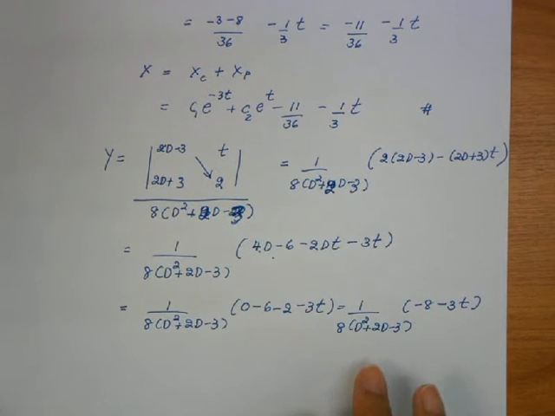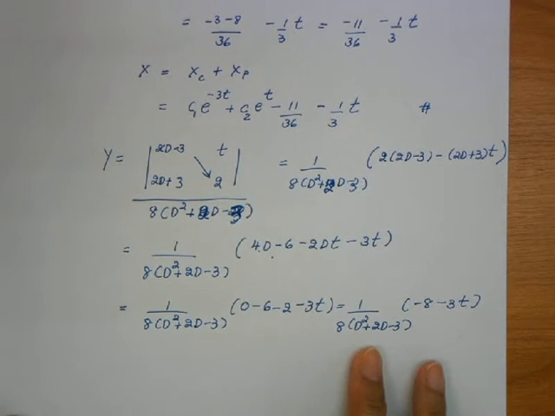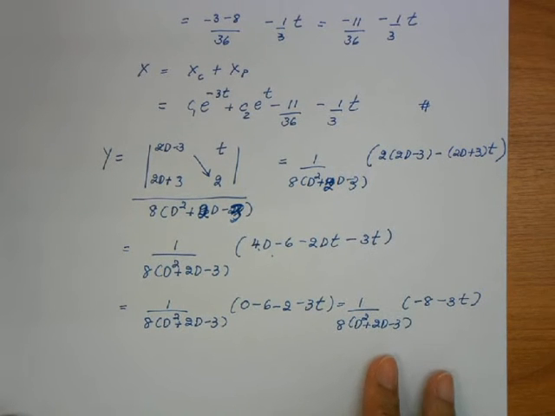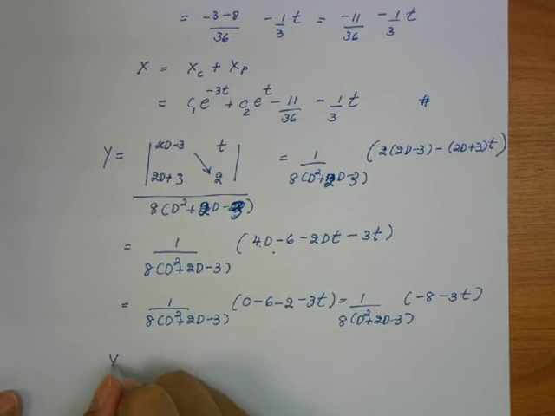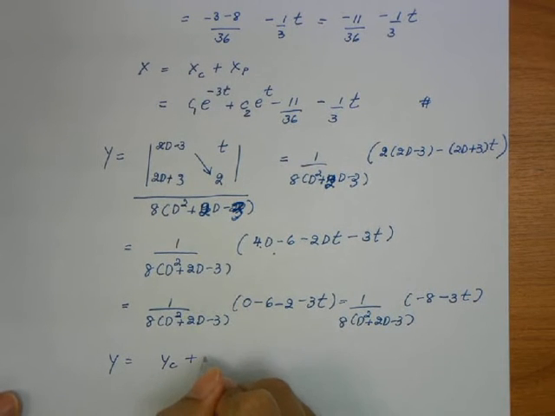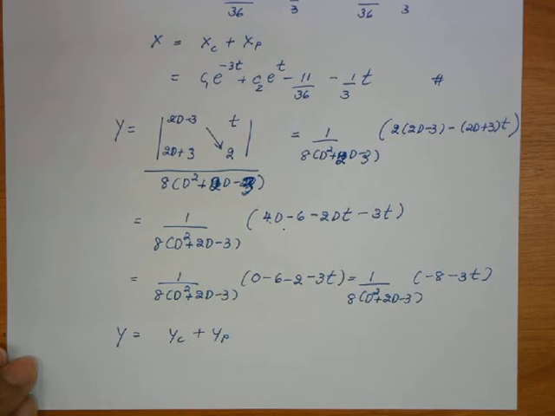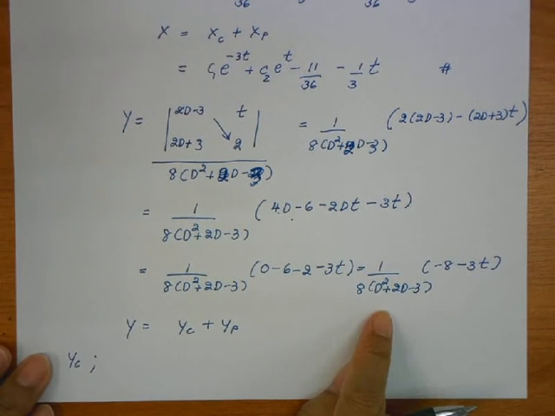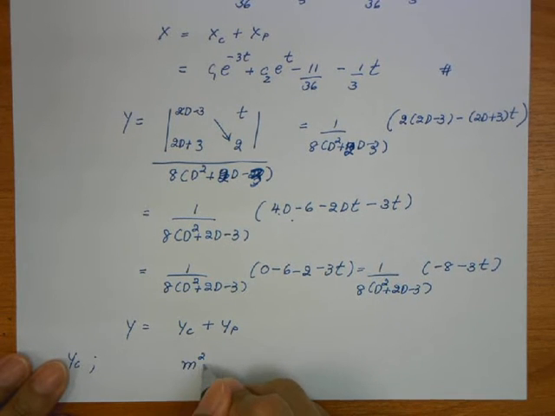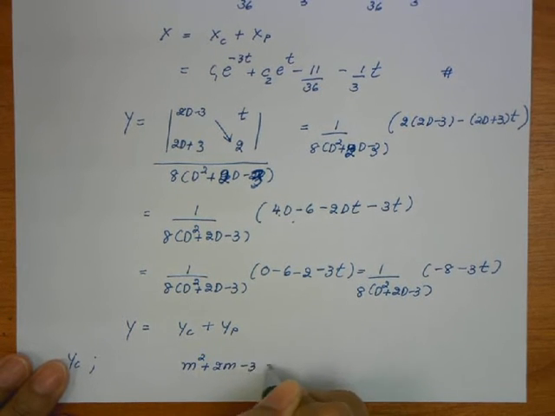Again, the equation of y is a second order differential equation, and it is a non-homogeneous differential equation. So y will combine yc and yp. To find yc, you have to write out the characteristic equation, which is m squared plus 2m minus 3 equal to 0.